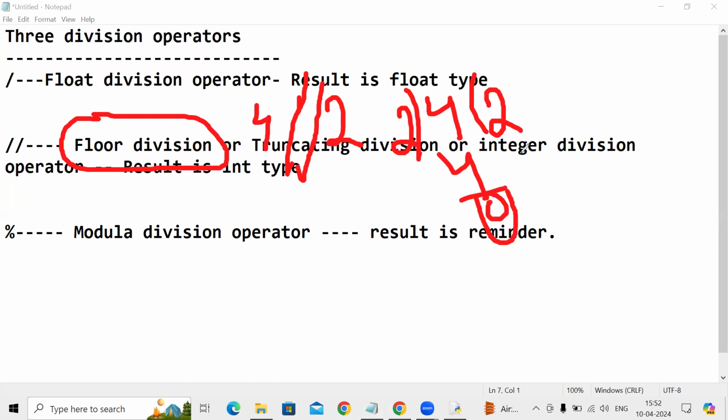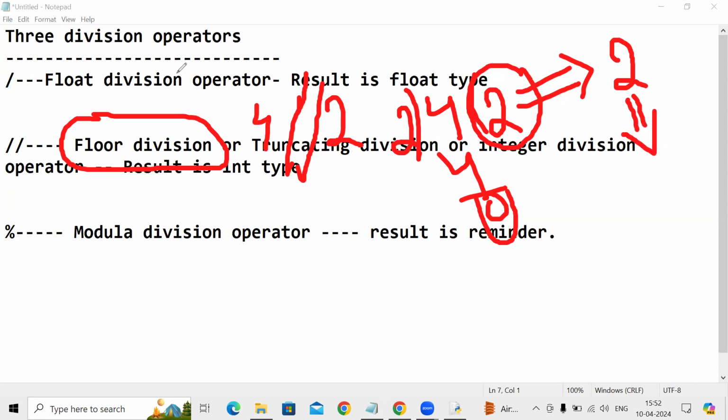In this case also, by default it takes the result from the quotient. We got the result 2, but in the previous case, float division, it gave the answer 2.0. In the case of floor division, it will take only the integer value. It will take only 2.